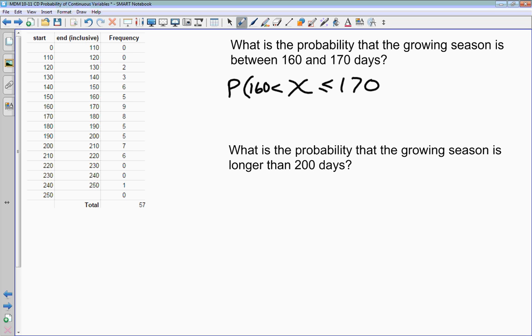Okay? We can just look at our frequency distribution here. The frequency at this point is 9. There are 9 things in that range out of a total possible number of 57 things. So 9 out of 57, or about 15.8%.